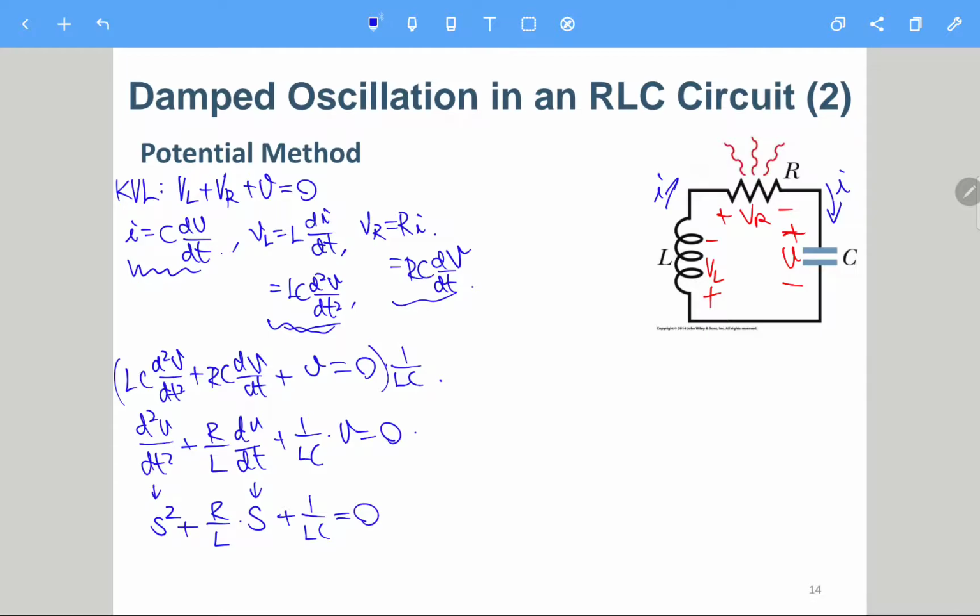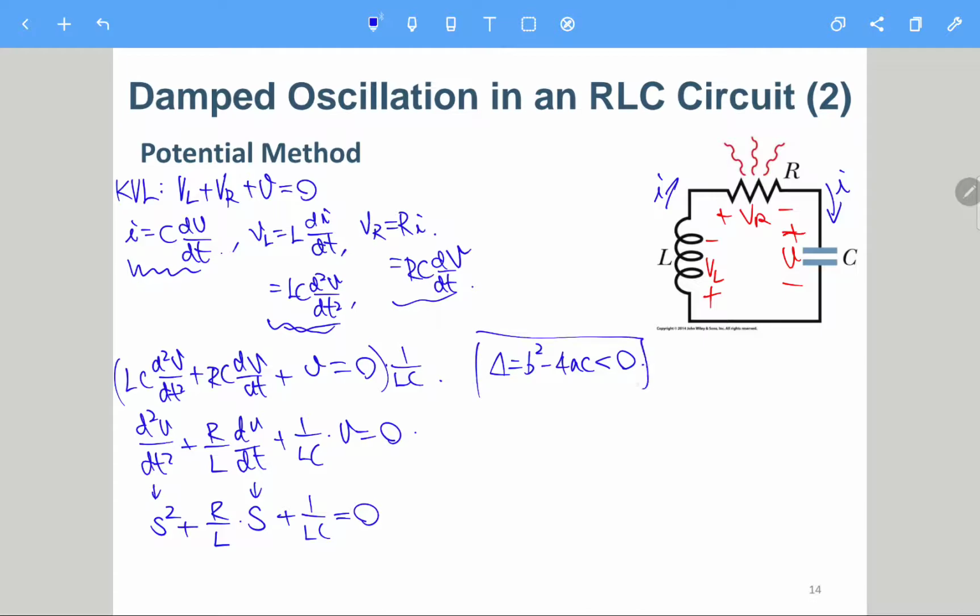This is the characteristic equation, and of course here we will assume delta equals B squared minus 4AC to be smaller than 0.